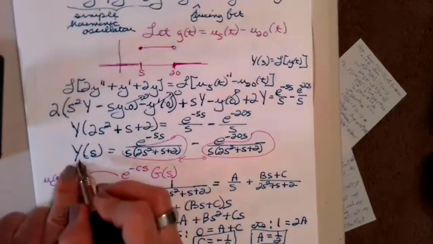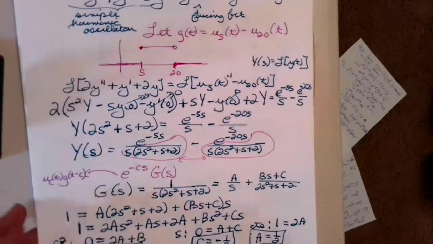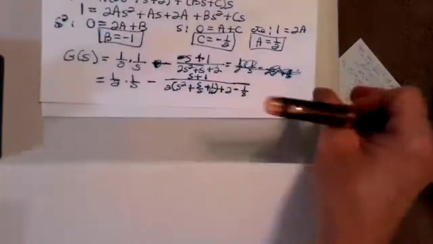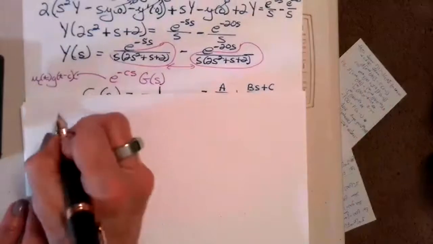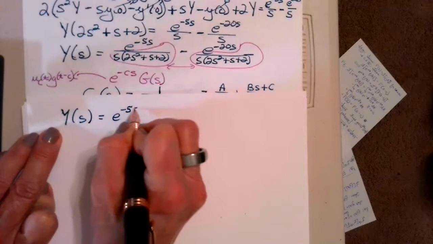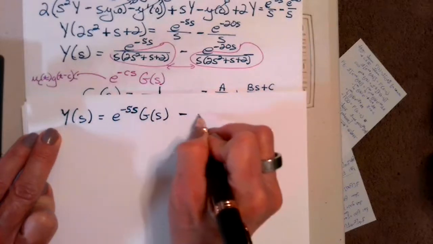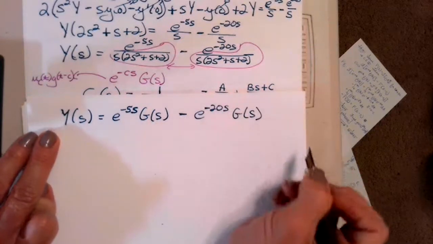But remember, our original function that we had to get the inverse Laplace transform for was capital Y. So capital Y of s was e to the minus 5s times G of s minus e to the minus 20s times G of s.